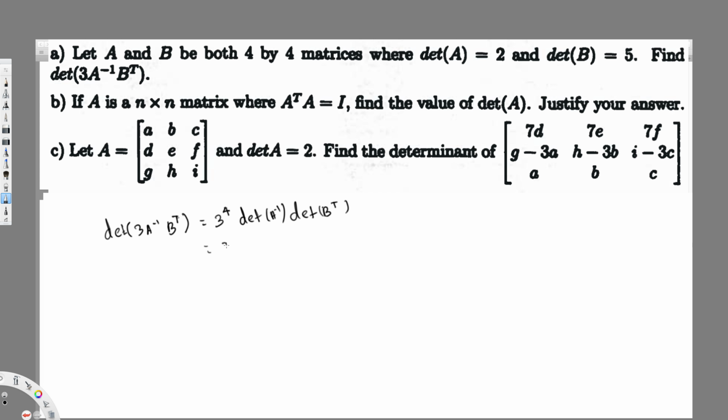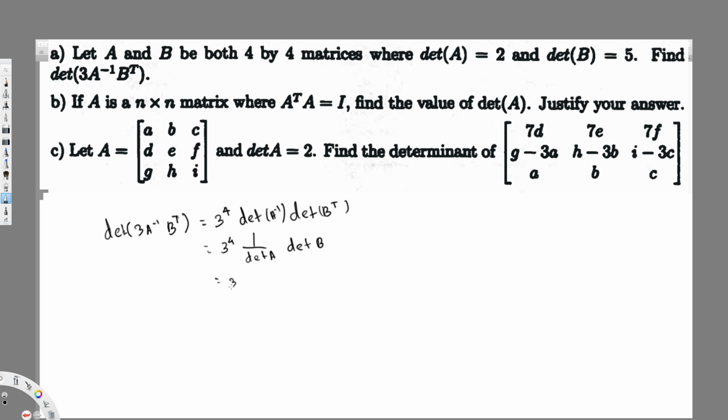So first of all, 3 to the power 4, and determinant A inverse I can write as 1 over determinant A. And according to the determinant rule, the transpose and determinant B are the same thing, so you can just write it as determinant of B.